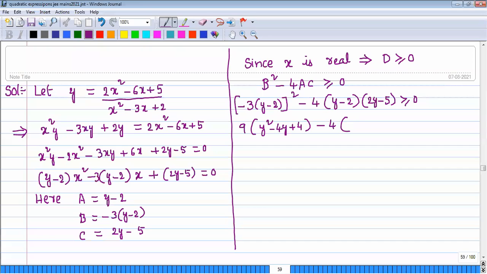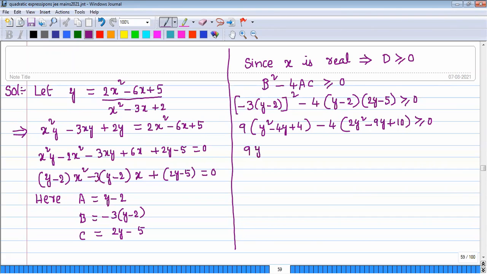Y into 2y, 2y square, y into minus 5, minus 5y, minus 2 into 2y, minus 4y, minus 5y minus 4y, minus 9y, minus 2 into minus 5 is plus 10, greater than or equal to 0.